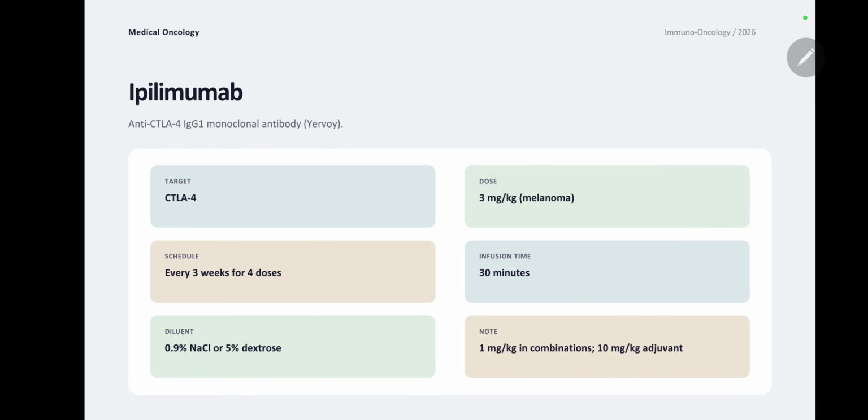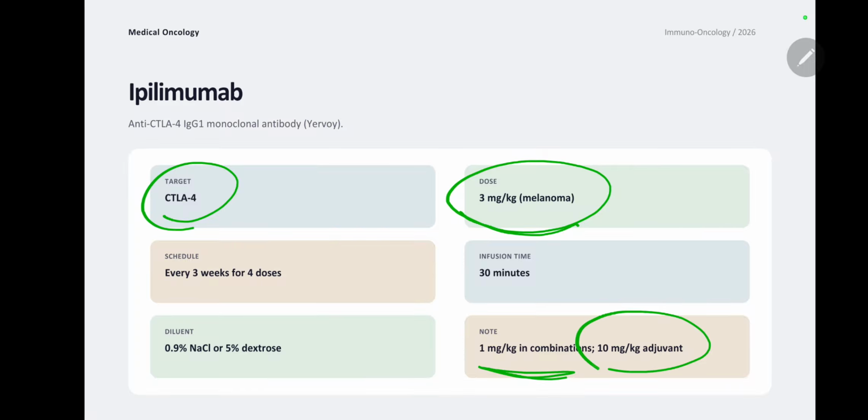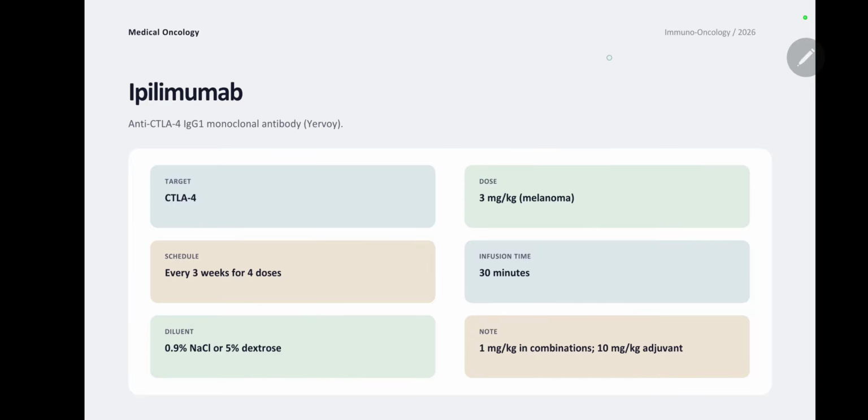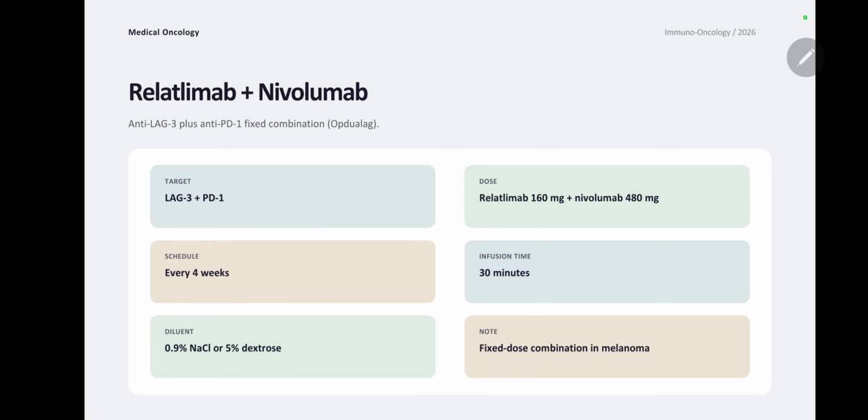Okay. One important drug is ipilimumab, a CTLA4 inhibitor. It is 3 mg per kg in melanoma, 1 mg per kg in combination, and 10 mg per kg when used as adjuvant, and we also use NaCl and dextrose solution for that. And tremelimumab is another CTLA4 agent, used in hepatocellular carcinoma, 300 mg dose, and 75 in non-small cell lung cancer.